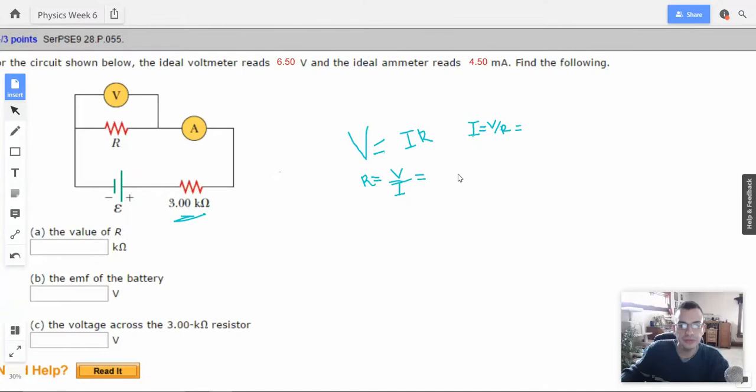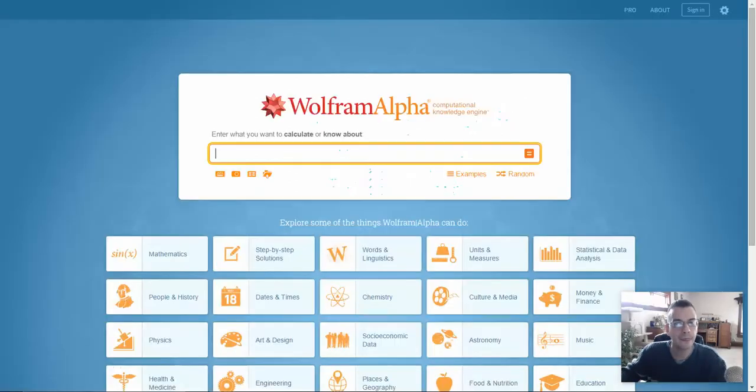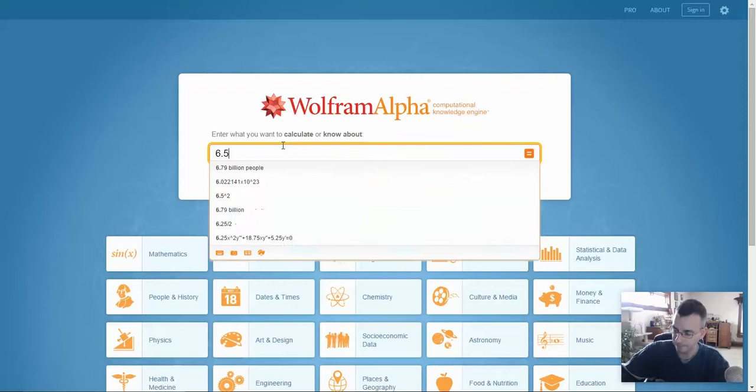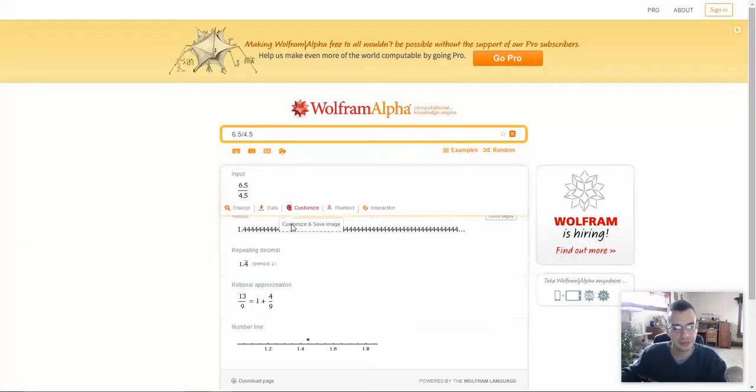So 6.5 volts divided by 4.5 times 10 to the negative third on the bottom, which becomes 10 to the third on top. So 6.5 divided by 4.5 gives us 1.4 repeating.